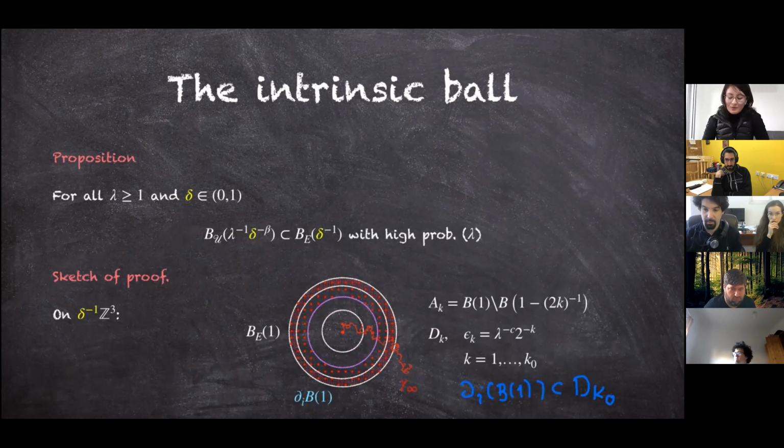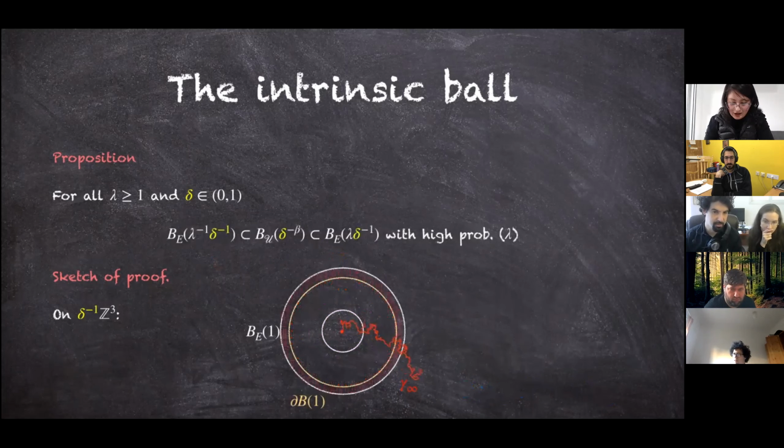So for all the elements of the net, I have the right distance, in particular for the boundary. And since the boundary disconnects from the complement of the ball, I obtain the estimate that I'm looking for. And for the lower inclusion, you can do a similar idea, but instead of taking annuli from inside the ball, you take annuli from outside the ball and use the corresponding inequality for the loop-erased random walks.